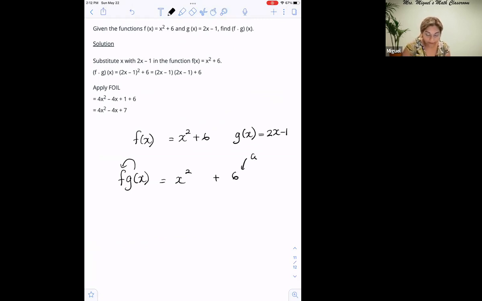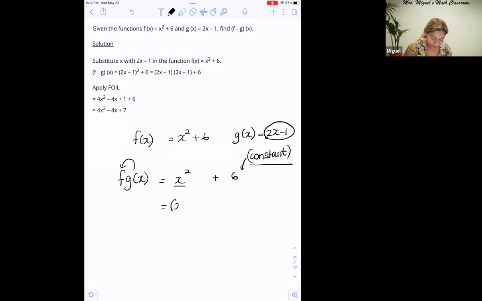This is called a constant. You cannot replace that with anything. That is a number that has a value that stays by itself. The only replacement you can make is for x, and you are substituting one function in another. So wherever you see x, you are replacing this whole thing. So here I will get 2x minus 1 squared plus 6. This is f of g of x. Do you all understand that?